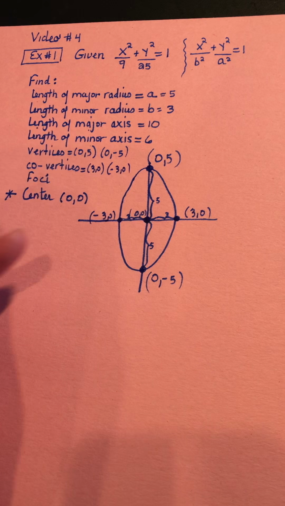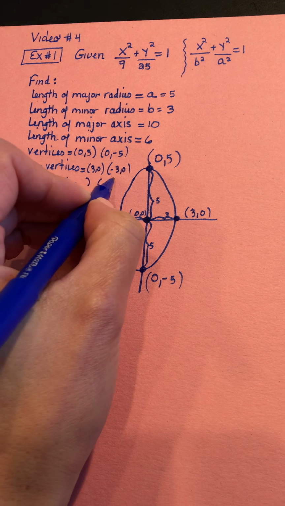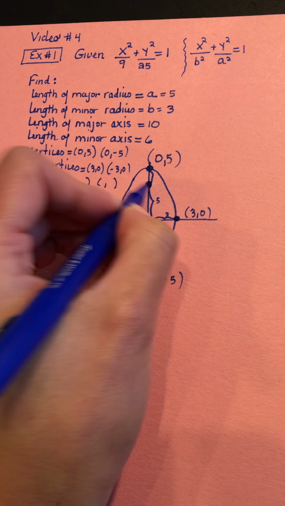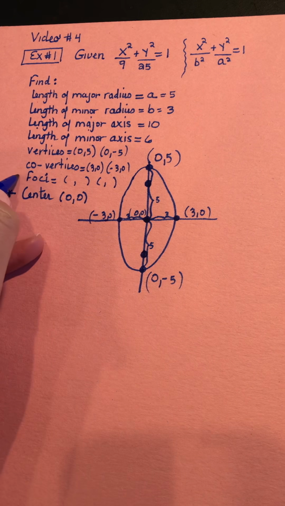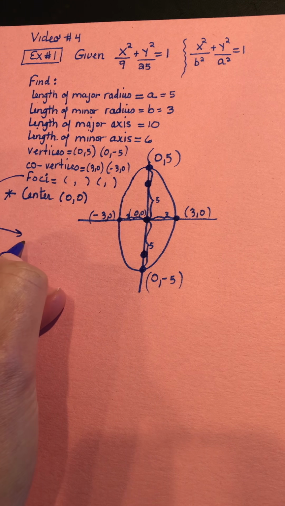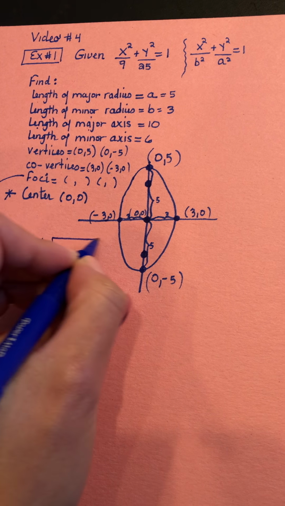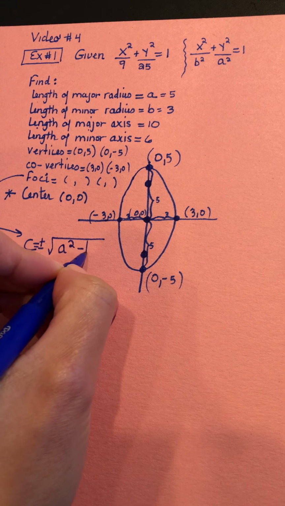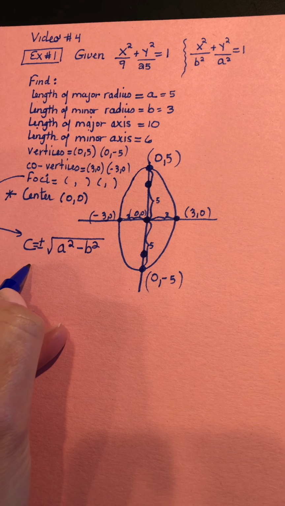Okay, and then finally the foci. Where are those located? Those are going to be ordered pairs somewhere on the major axis. To find them, I'm going to use my formula: c equals plus or minus the square root of a squared minus b squared. And again, we'll derive that formula in a future video.